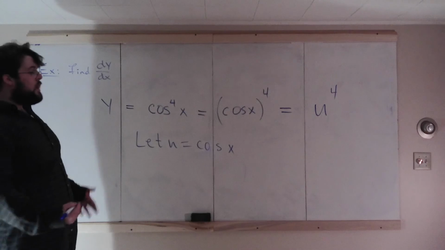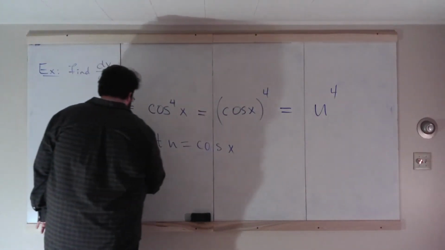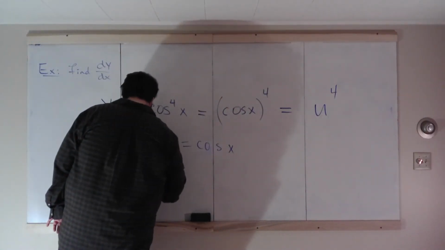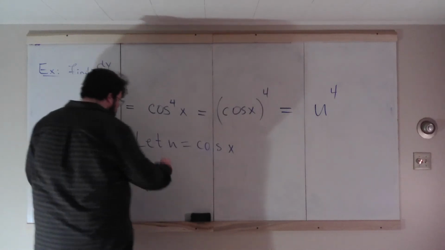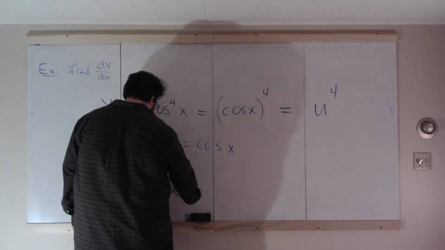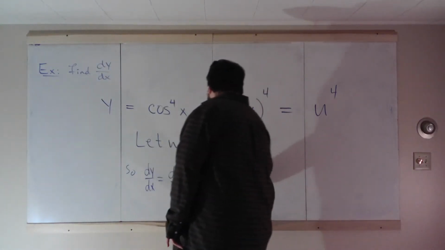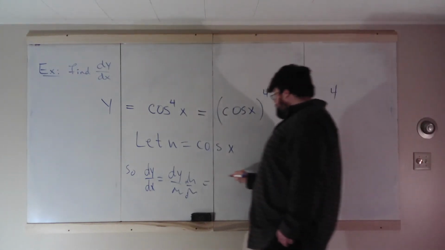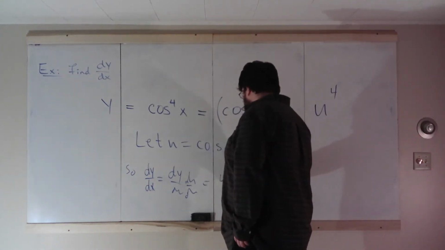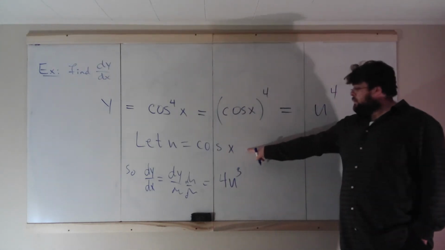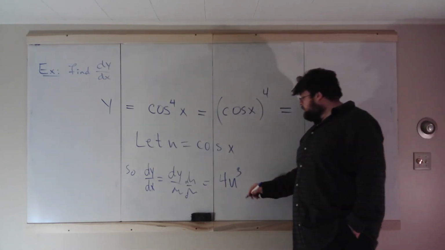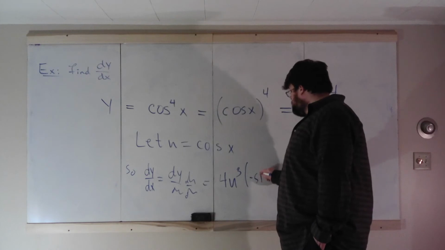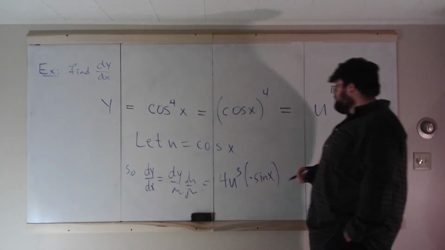And now we can apply chain rule. So dy/dx equals dy/du times du/dx. What's dy/du? 4u cubed. What's du/dx? Negative sine of x.